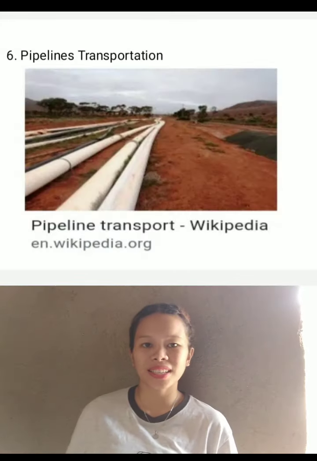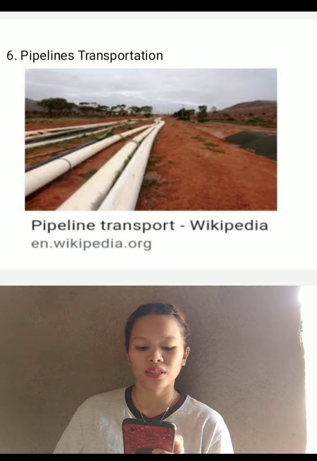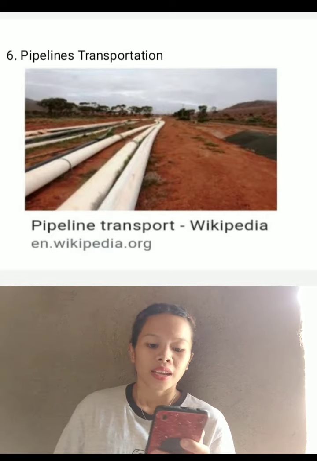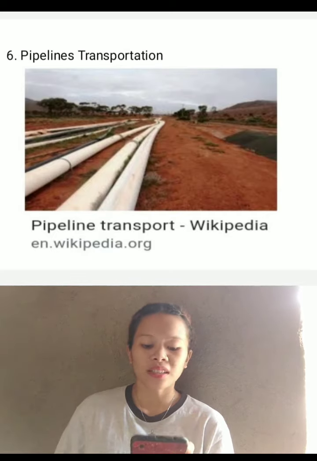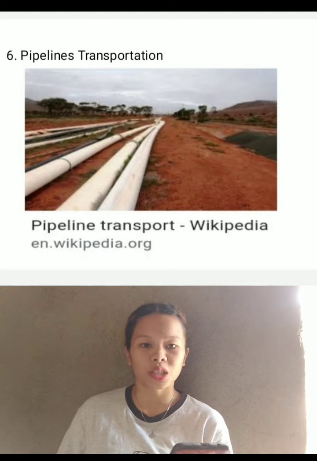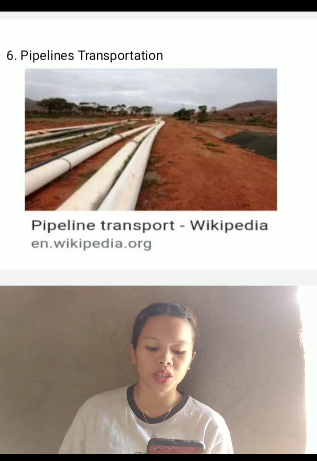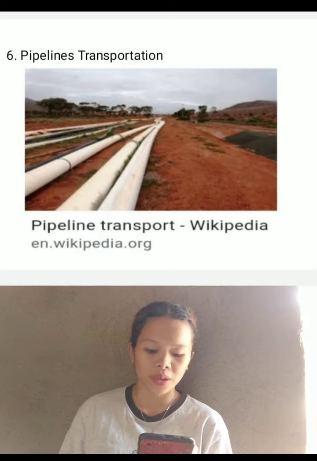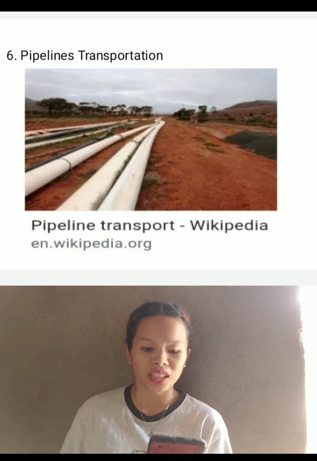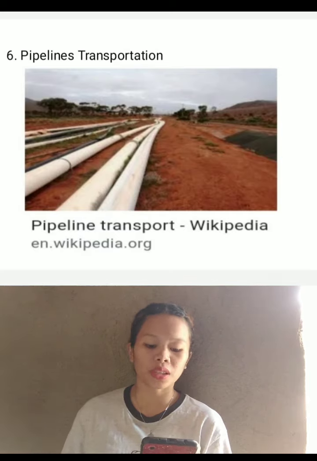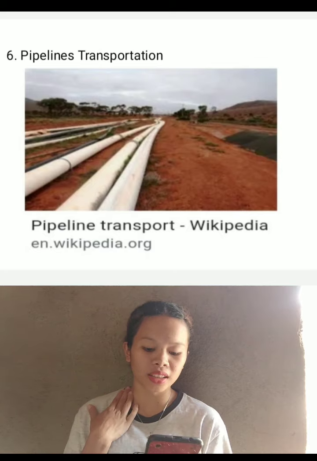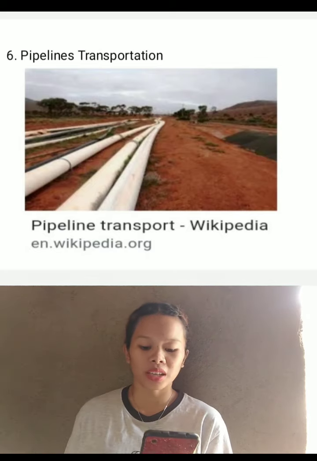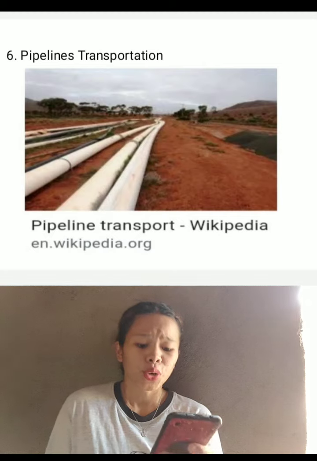And the last one is pipeline transportation. It is not a formal mode of transportation in the traditional sense. However, it is important to acknowledge its importance in the current fossil fuel market.